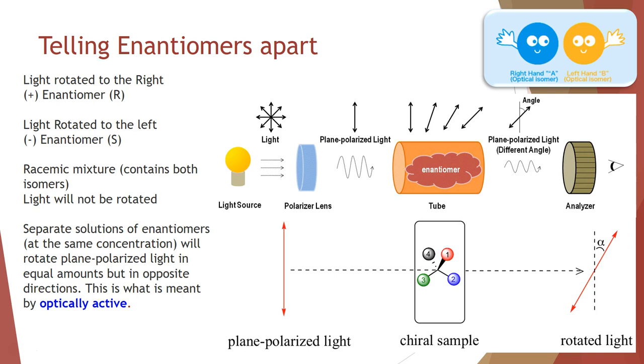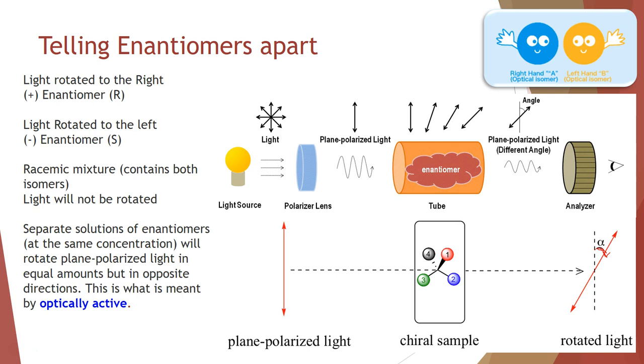We can tell them apart by using a polarimeter, which measures the rotation of light. We pass light that is going maybe straight up and down through the sample, and then we measure the angle to which it is rotated.